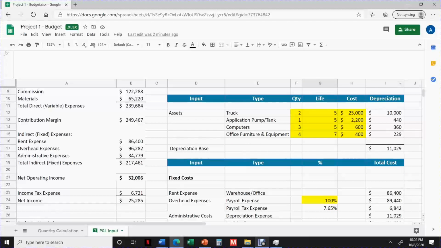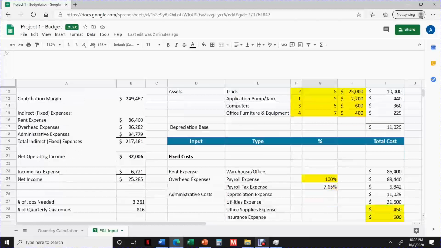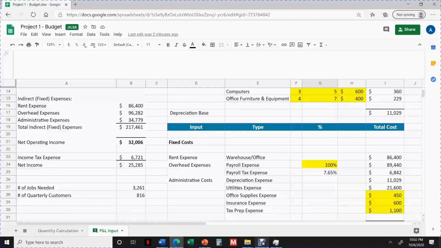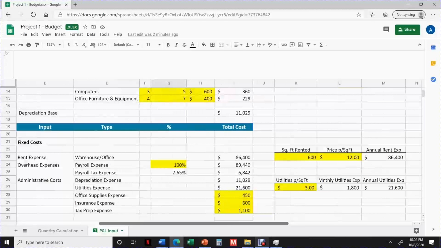So remember when I put in the target profit and we wanted it to be 32,000, there's the number, and then after taxes we get to 25,000, which is not bad. And customers we need quarterly, and the number of jobs we need, which is not bad either. Okay, let's take a look.